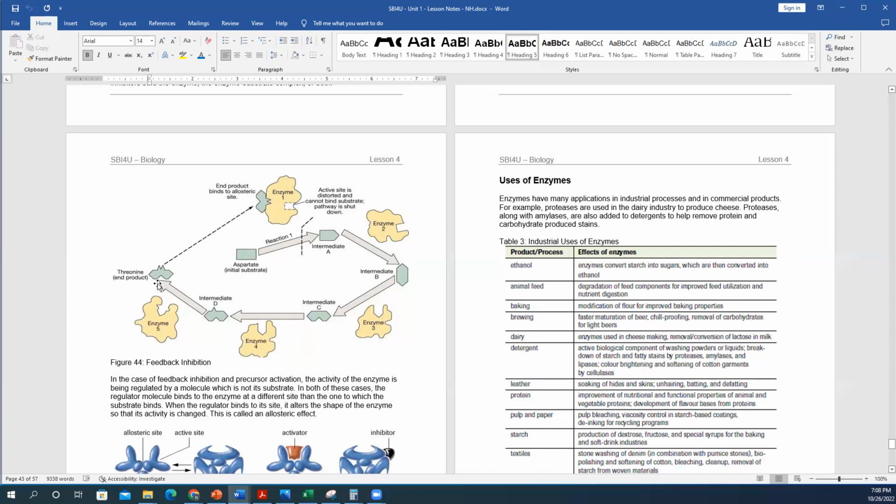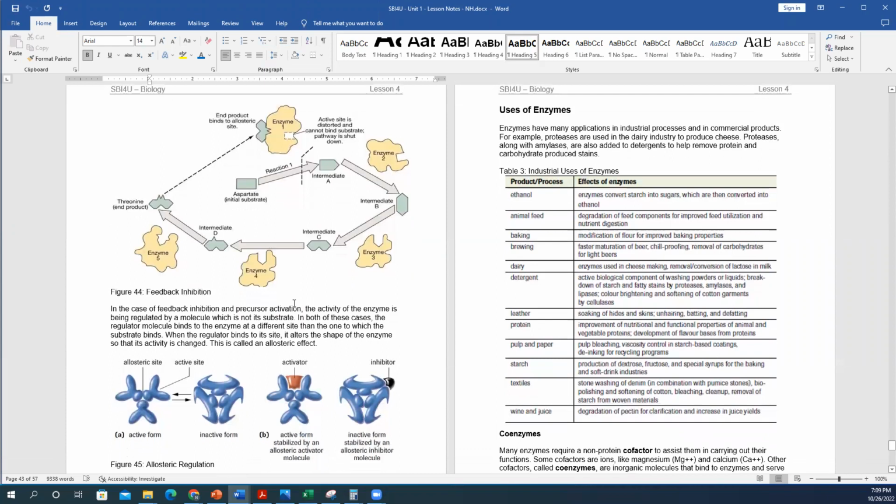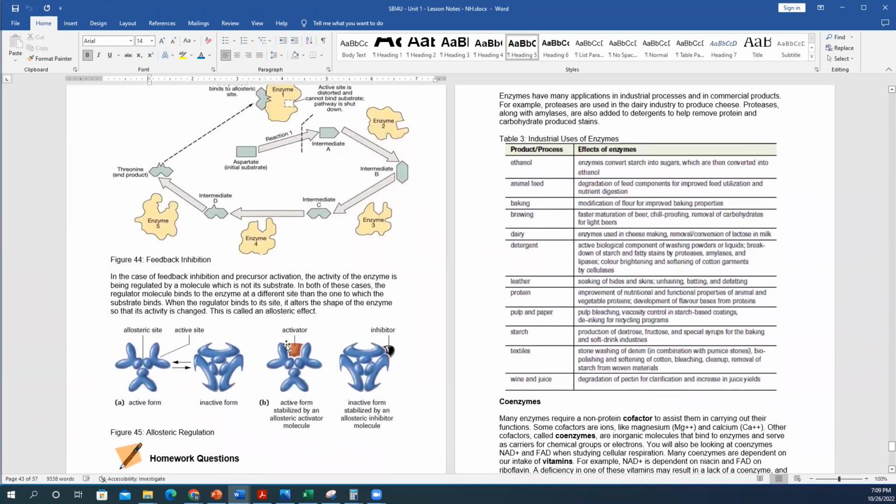If you have too much of this product, it will bind and shut down the pathway until you don't have enough, and then it will come off and the reaction can continue. So this is a form of feedback inhibition.